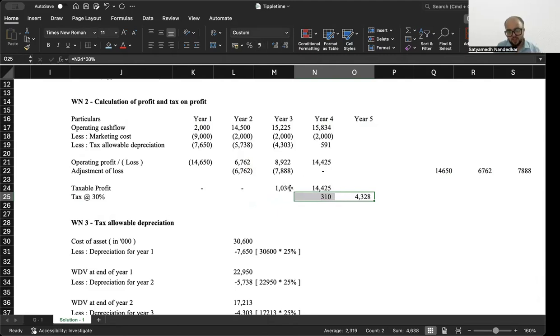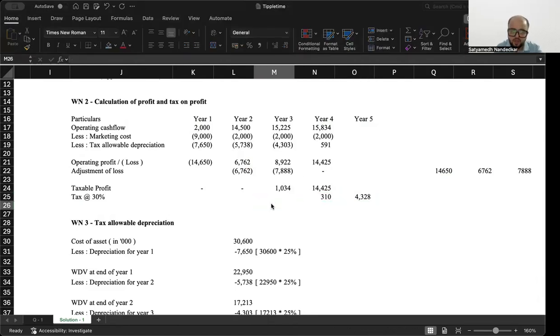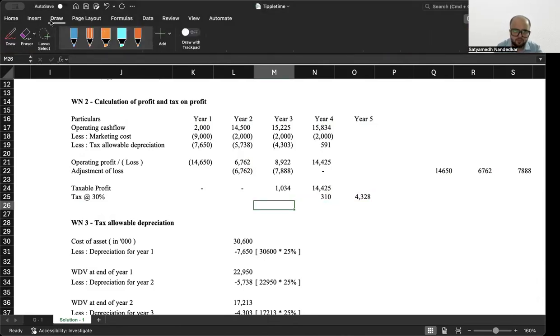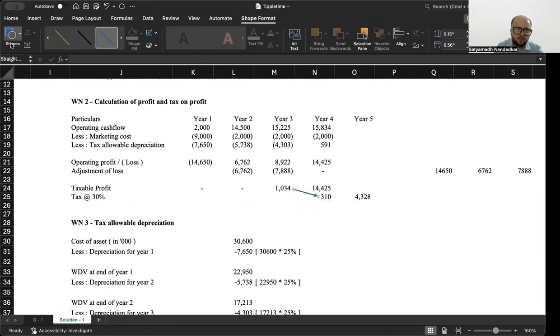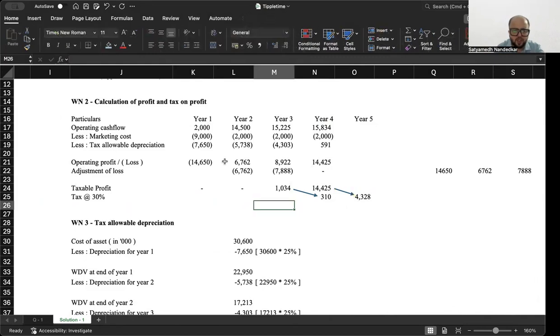Now this calculation is different and this is not something you would have expected straight away. So the reason for picking up this question was also this, that the adjustment of losses was a crucial step. And if you don't know how to do it, naturally you might end up making that mistake. So I have spent adequate amount of time discussing how exactly the amount is going to be adjusted. Now, you could have done multiple calculations here.